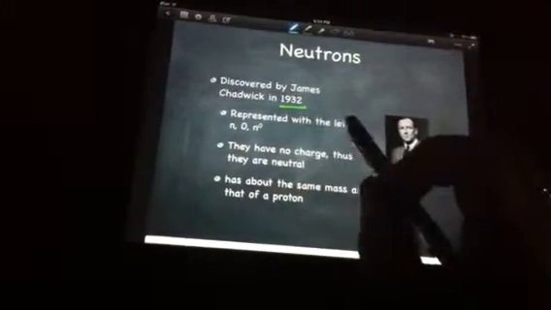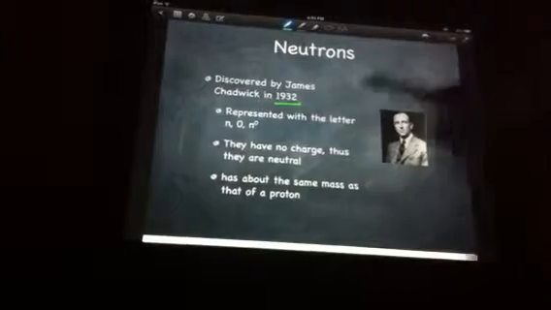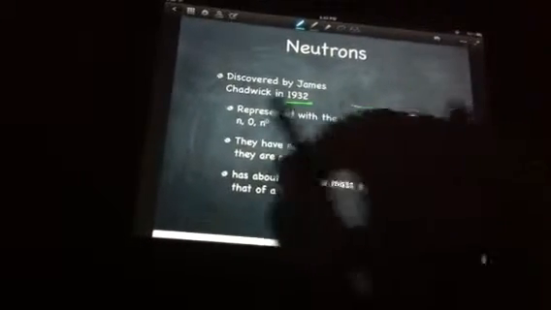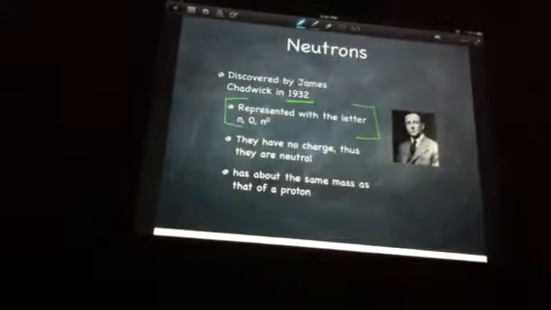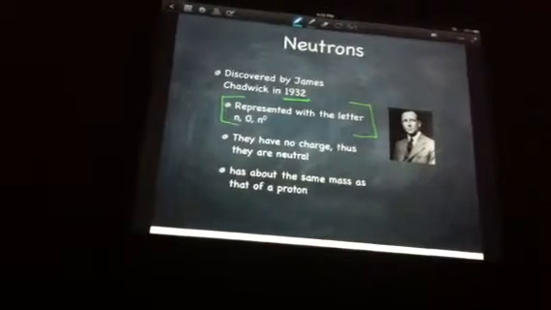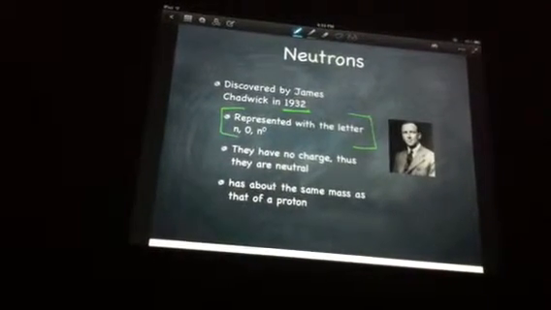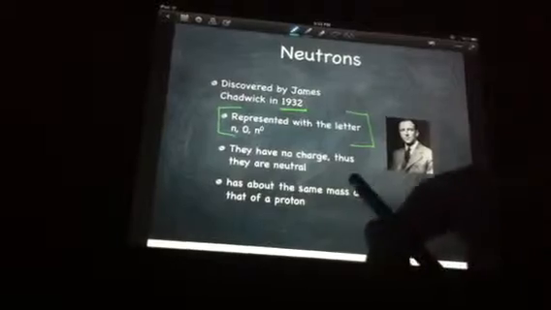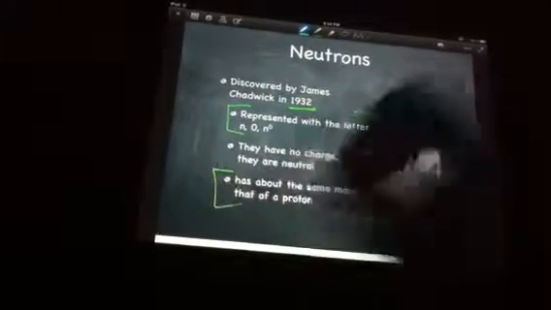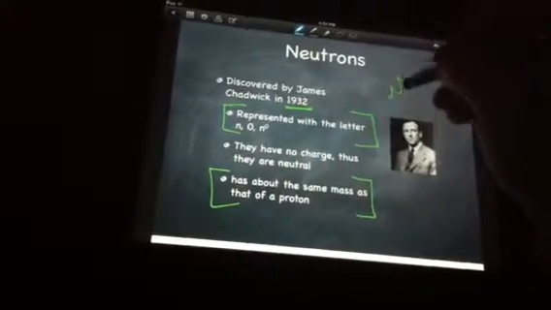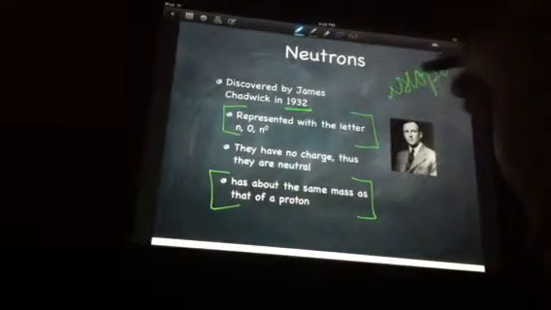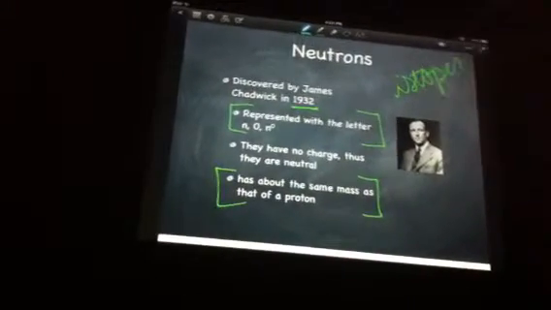And so this guy comes along, and he finally figures out that the neutron is there. It's represented with the letter n, or n with a superscript 0. They have no charge, thus they are neutral. It has about the same mass as that of a proton. We'll also learn later that these are responsible for isotopes.